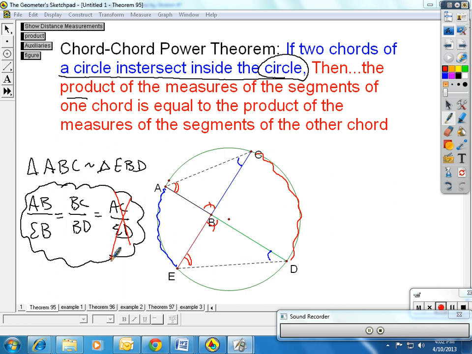Not really interested in that one. Look at this proportion. What falls out of this? BC times EB equals AB times BD.